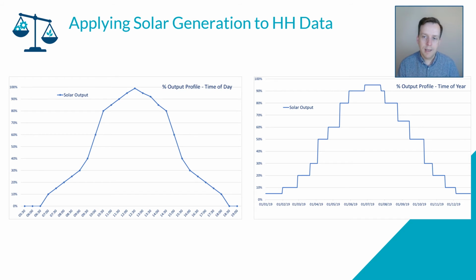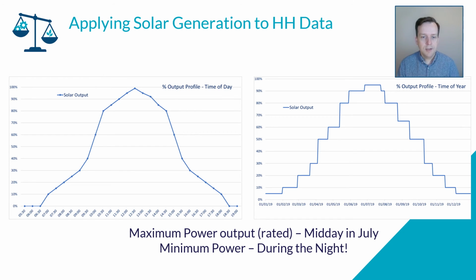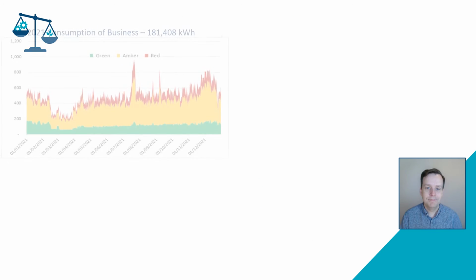Similarly, we have a time of year profile, and the net profile is a combination of generation time of day and generation time of year, and that gives us the 3D plot we saw previously. So maximum power output midday in July, minimum power at night, which is obvious.